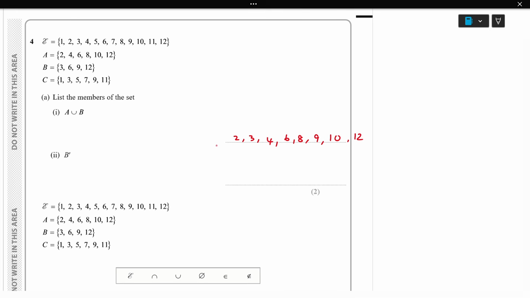Next, B dash, other than B. We have to remove 3, 6, 9, 12, so the rest of the numbers are 1, 2, 4, 5, 7, 8, 10 and 11.